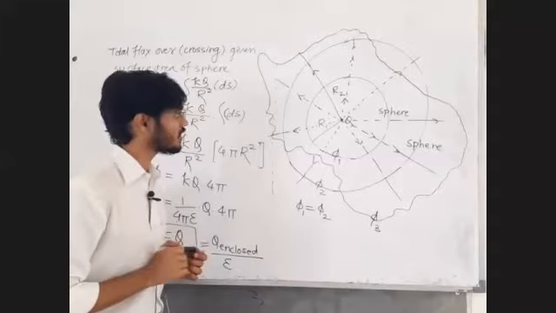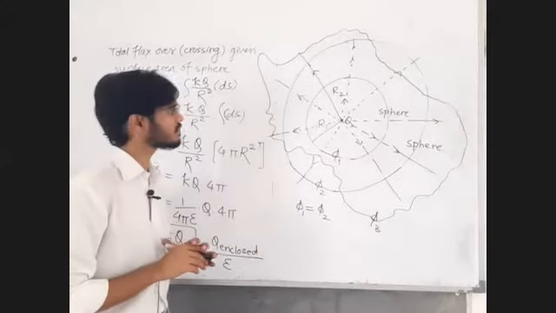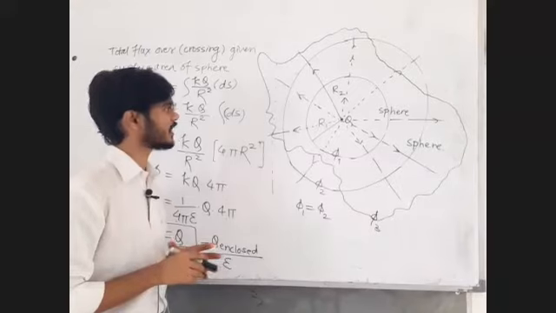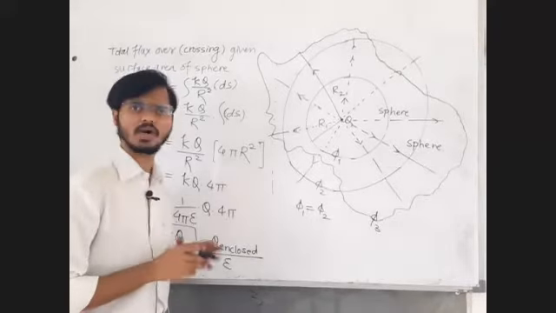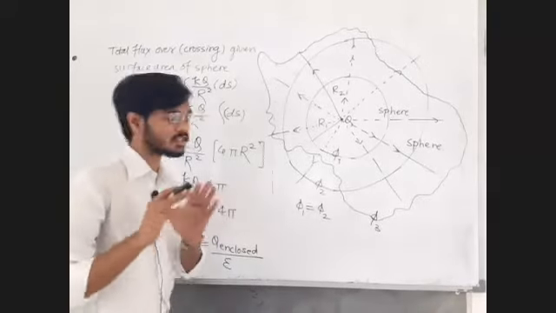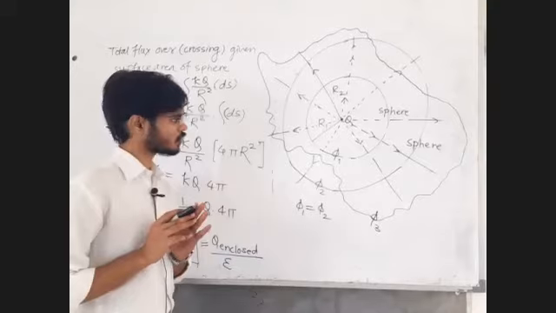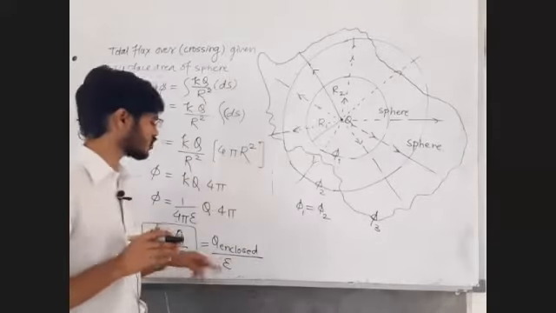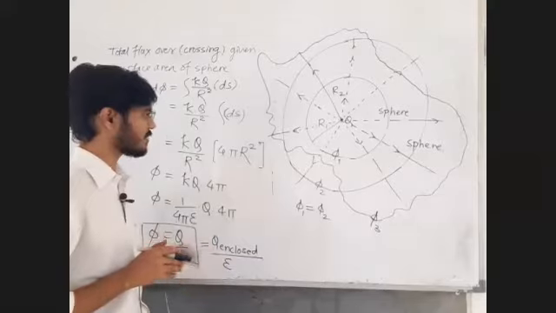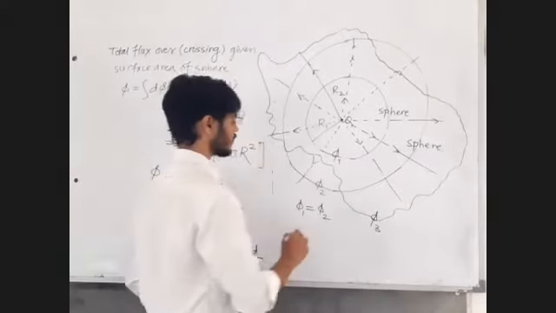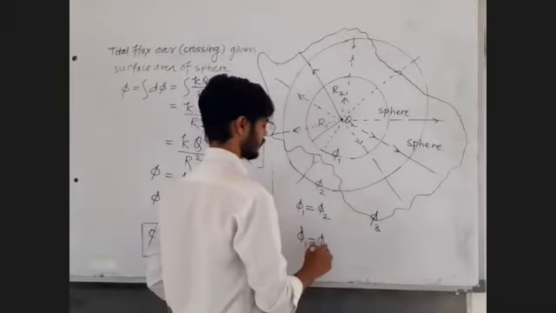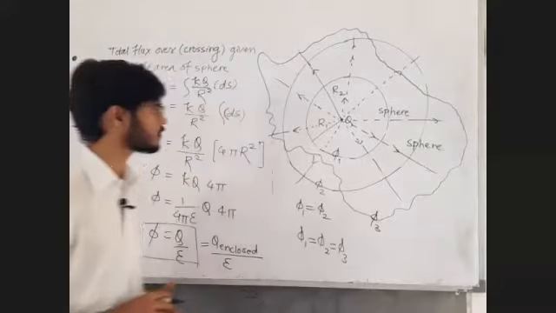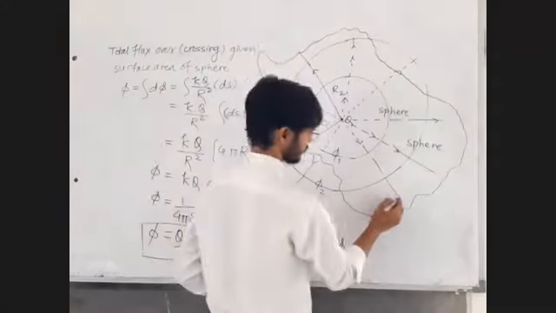To find out the number of electric field lines, or the electric flux over the given closed surface, all that you have to do is just find out the charge enclosed by that closed surface divided by epsilon 0. So here write down phi 1 equals phi 2 equals phi 3. Okay, this will complete the logic.